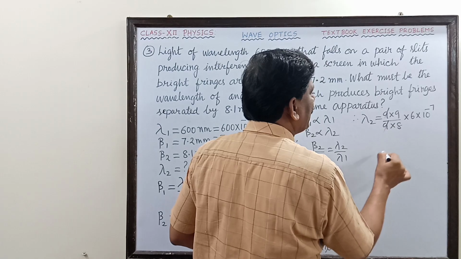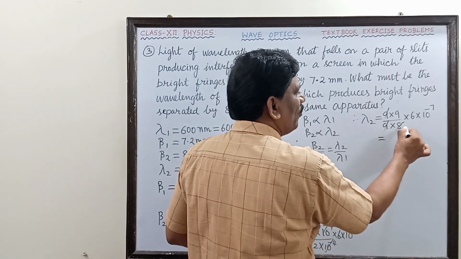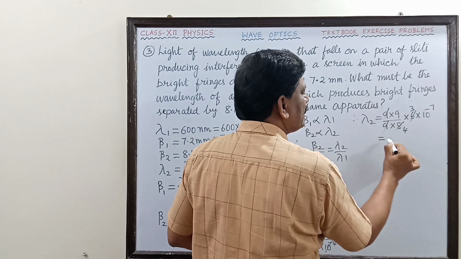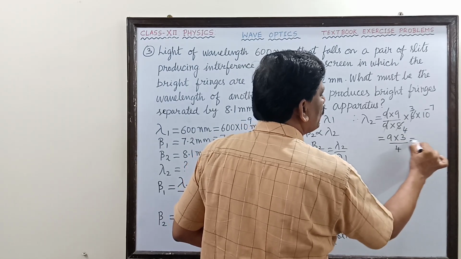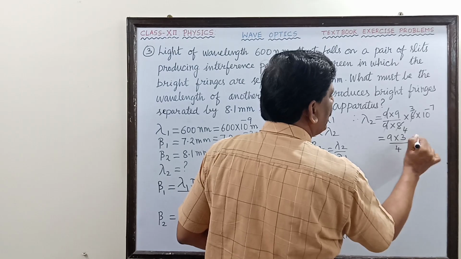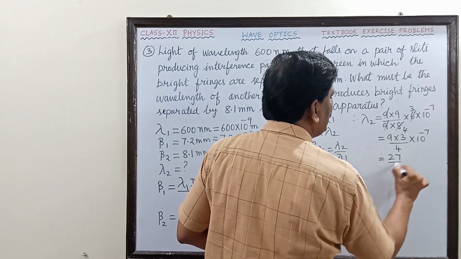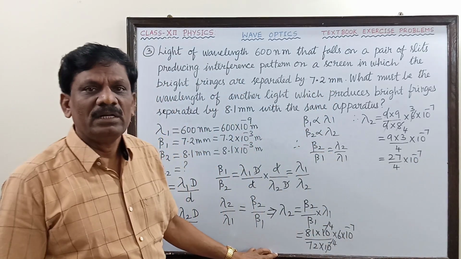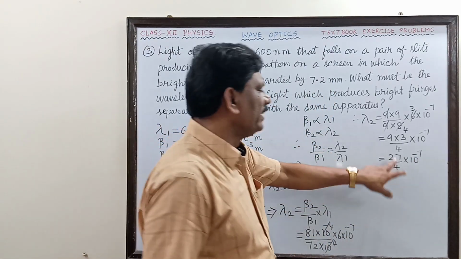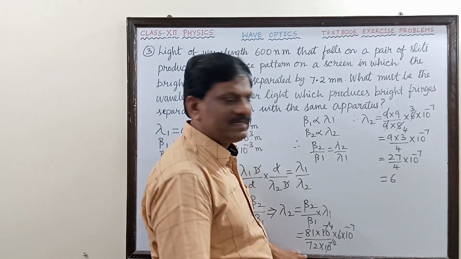So this 9 gets cancelled, and 3 2s are 6, 4 2s are 8. So this is 9 into 3 divided by 4 into 10 power minus 7, which is equal to 27 divided by 4 into 10 power minus 7. Now if you divide 27 by 4, 6 4s are 24, remainder is 3.